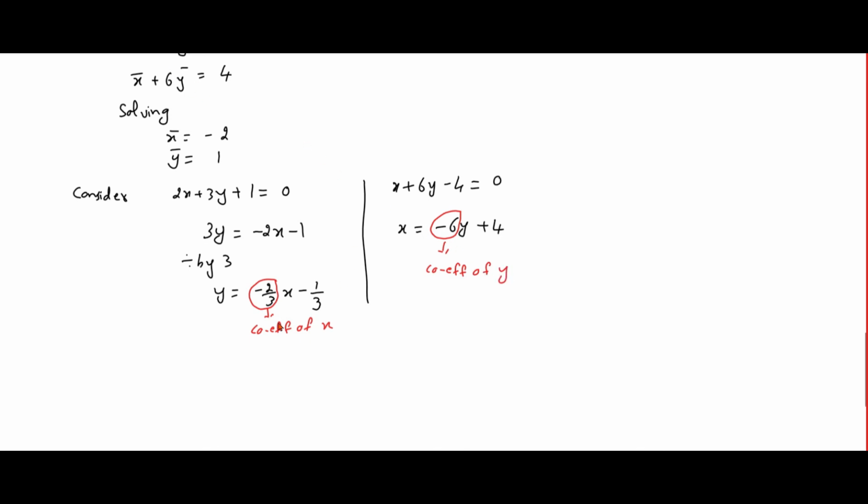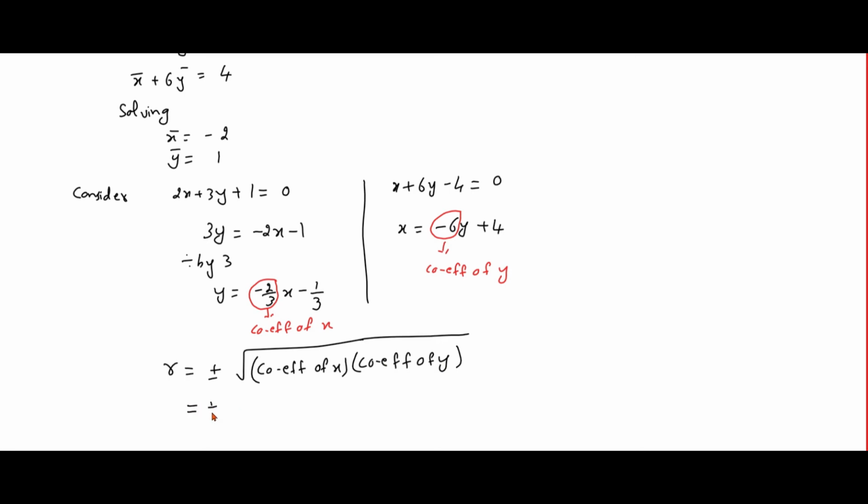So the value of r will be plus or minus the square root of the coefficient of x into the coefficient of y.